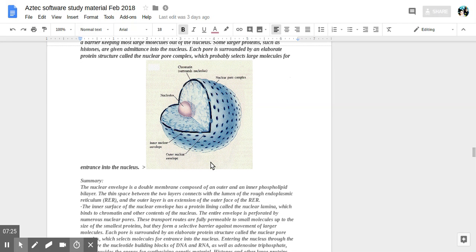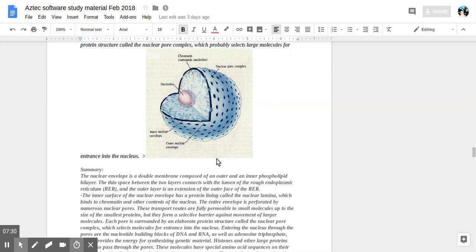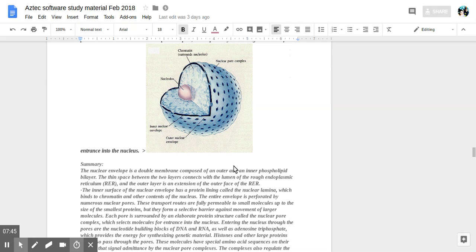Summary: the nuclear envelope is a double membrane composed of outer and inner phospholipid bilayer. The thin space between the two layers connects to the lumen of the rough endoplasmic reticulum, or RER, and the outer layer is an extension of the outer surface of the RER.